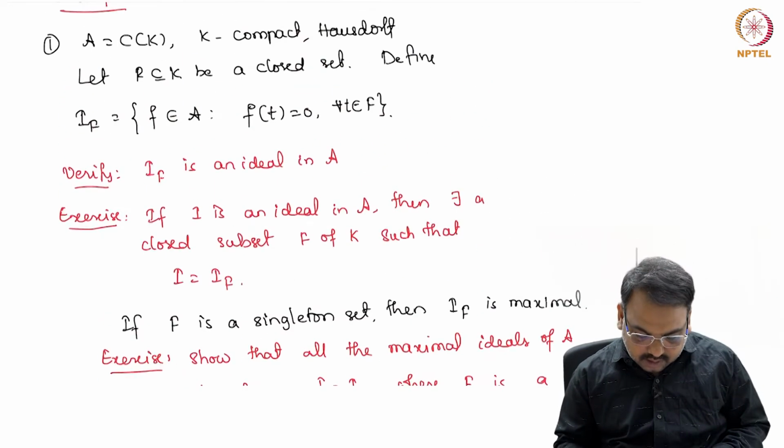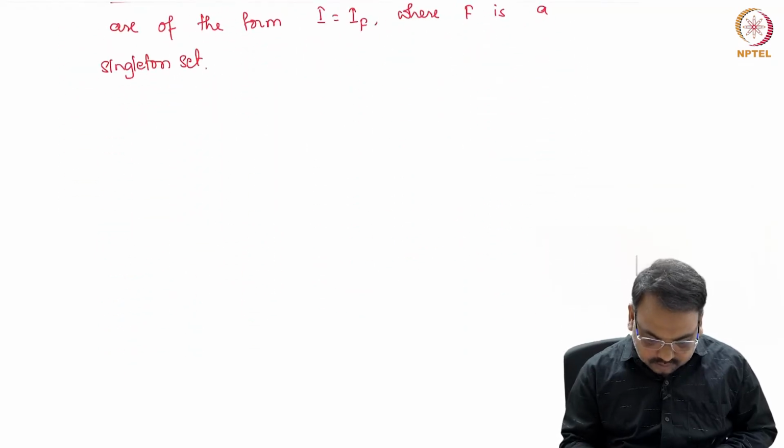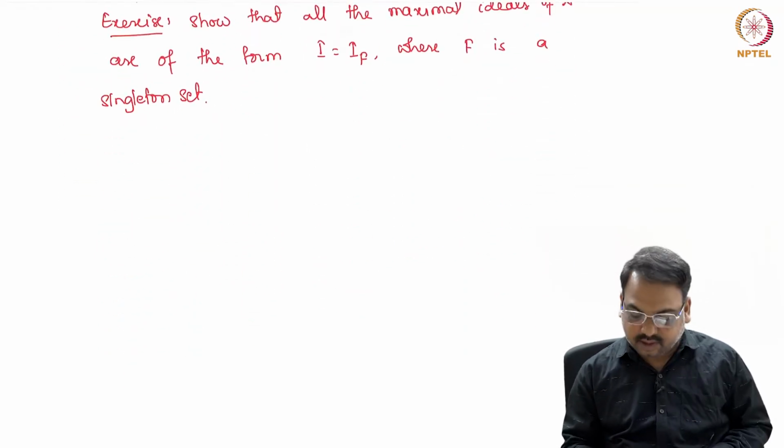Okay, so these are the ideals in C(K) and maximal ideals in C(K).